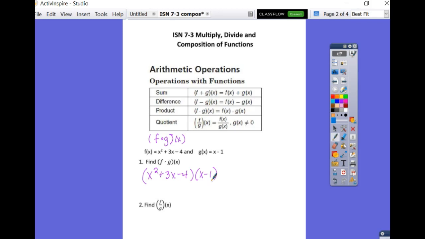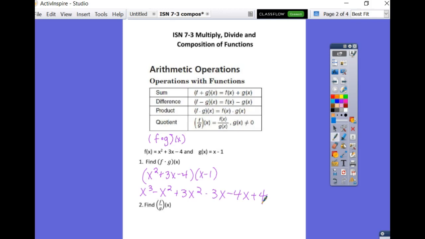So I'm going to take the x squared times both things in this parenthesis. So x squared times x gives me x to the third. X squared times negative 1 is minus x squared. And then 3x times x gives me 3x squared, minus 3x. And then the negative 4. So I multiplied this times everything in here.